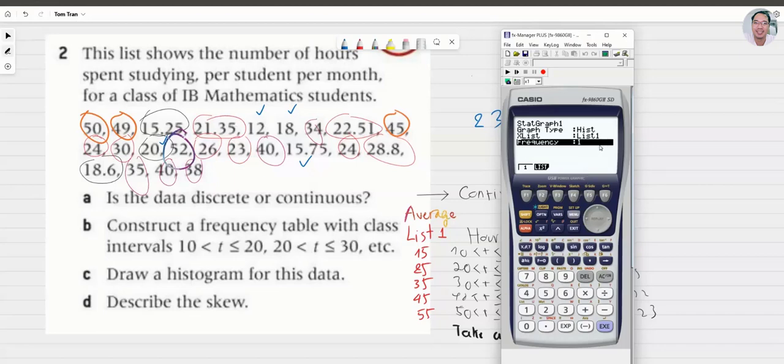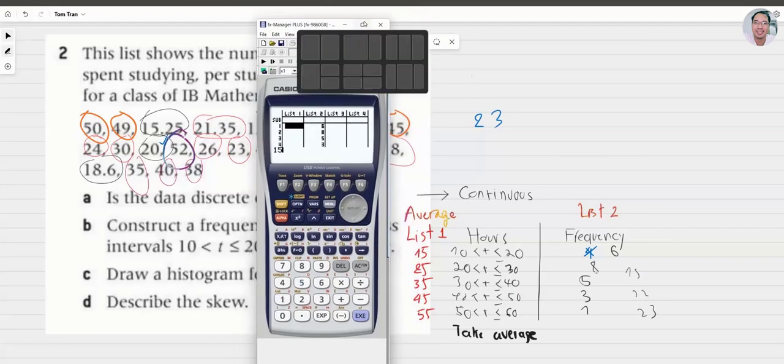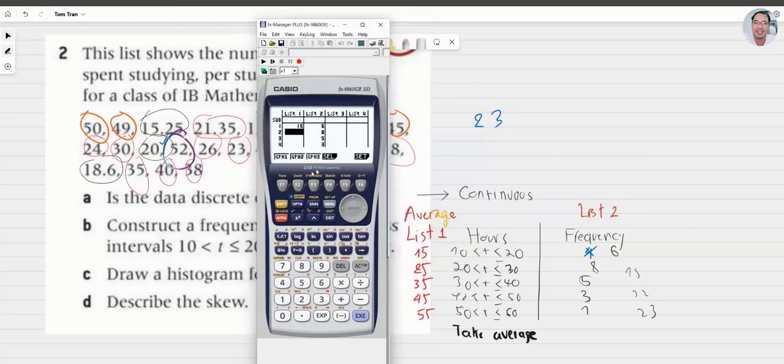Before choosing the list, you have to enter the frequency on the second list. Okay, 6, 8, 5, 3, 1. And the average value of each group is 15, 25, 35, 45, 55.